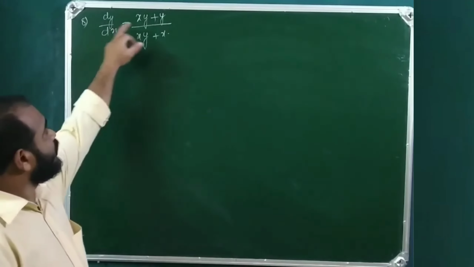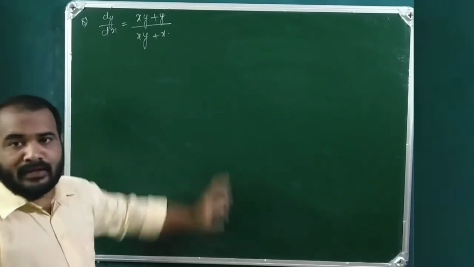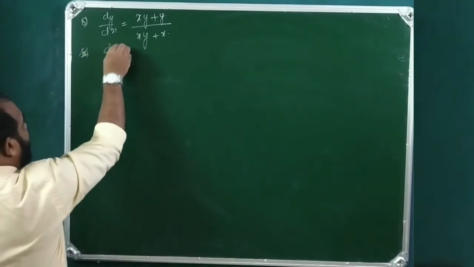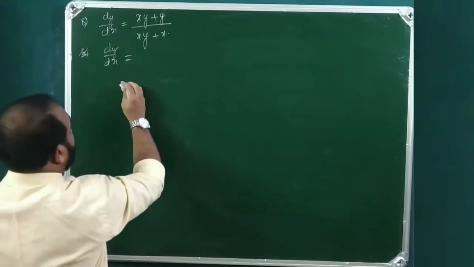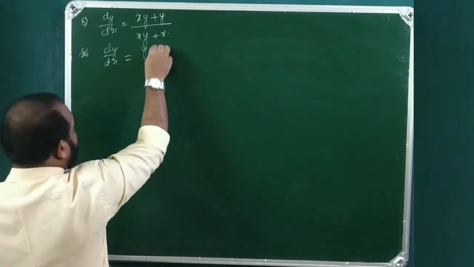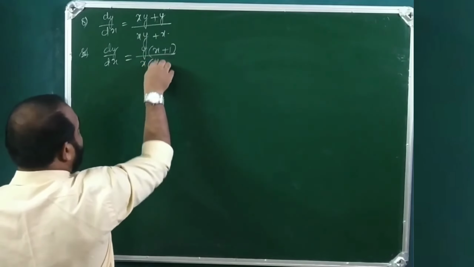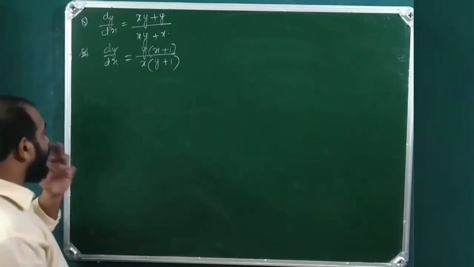Next problem: dy by dx equals (xy plus y) by (xy plus x). So here, dy by dx is equal to, if I take y as common, it is y into (x plus 1); if I take x common, this is x into (y plus 1).